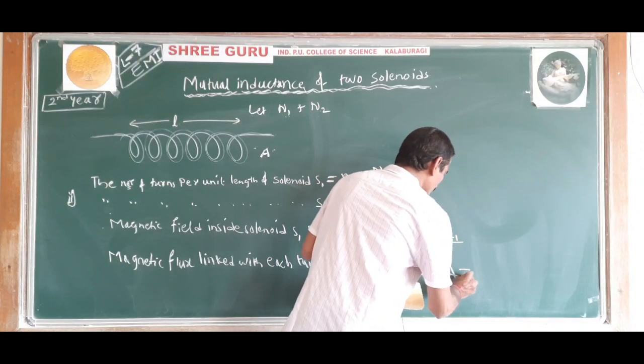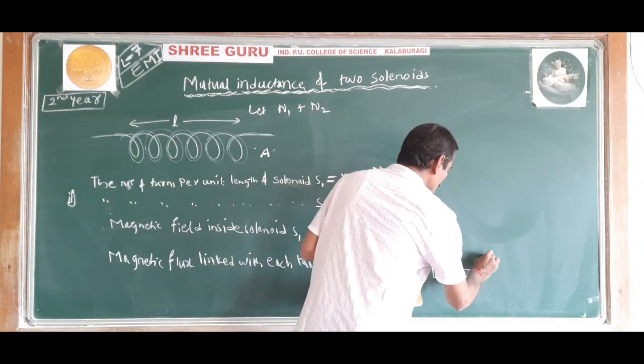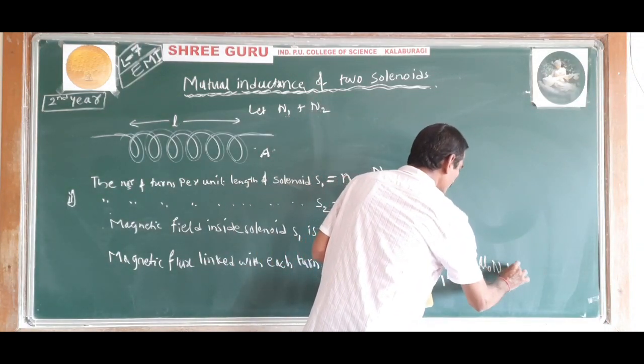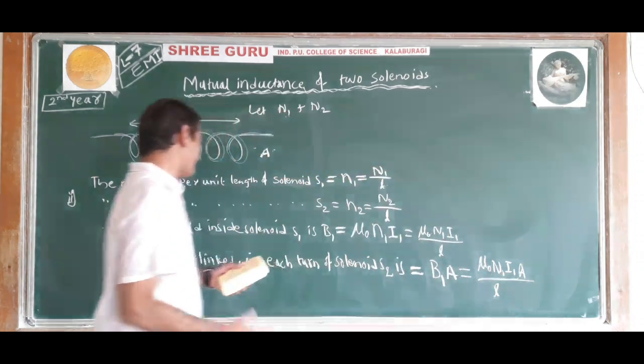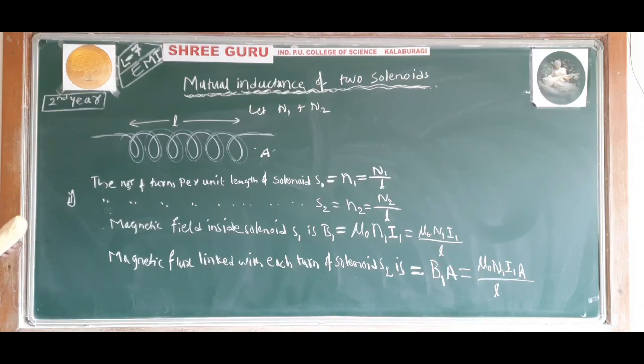So therefore, B1 is nothing but mu naught N1 I1 divided by L, into A. So this is the magnetic flux linked with each turn of solenoid S2.